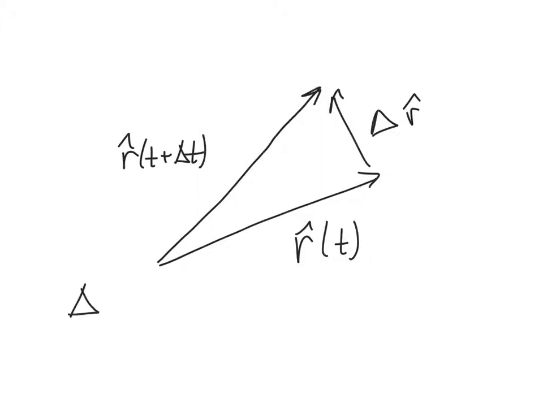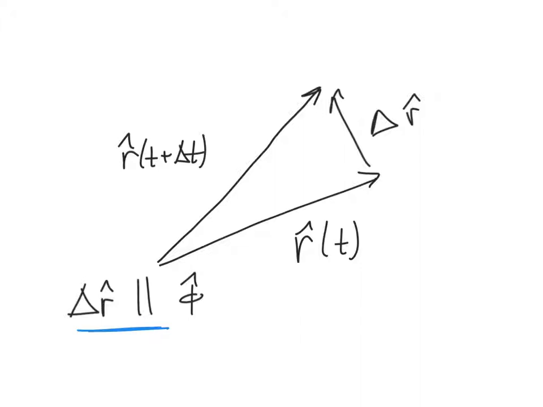Therefore, delta r hat must run parallel to phi hat. So we have this requirement that delta r hat must run parallel to phi hat.